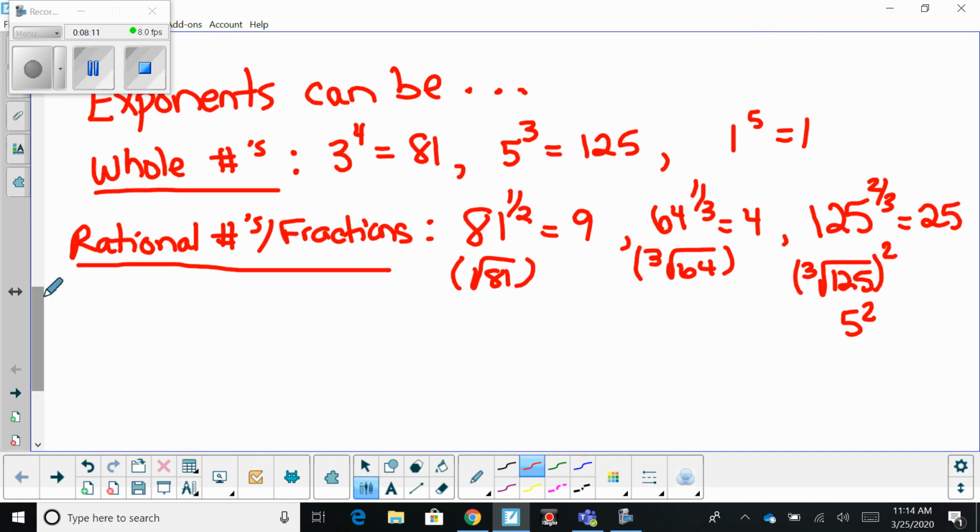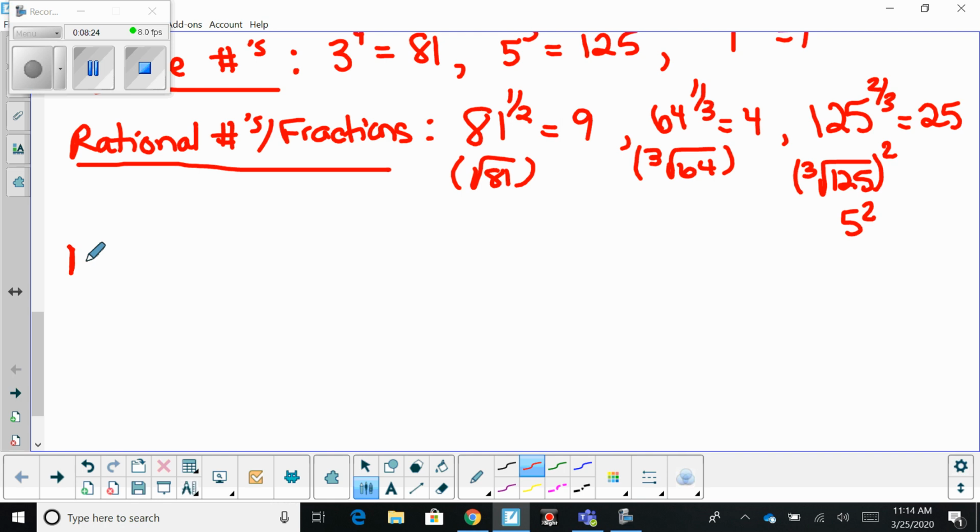Okay, so again, we can have exponents that are whole numbers. The numbers are becoming larger. We can have exponents that are fractions. They're becoming smaller. You might see negative exponents.